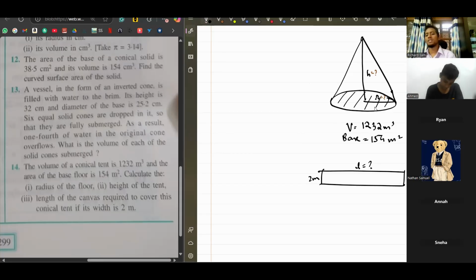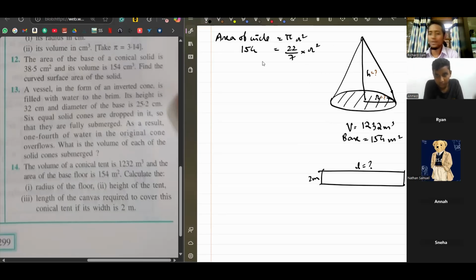Okay, so since the base is a circle, we can use the area of circle formula. Area of circle is pi r square. And we have the area of the circle, which is 154 is equal to 22 by 7 into r square. So that way you can find the radius. Once you find the radius, next you have to find the height.